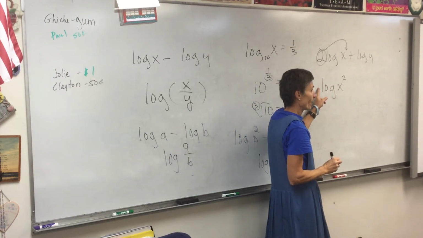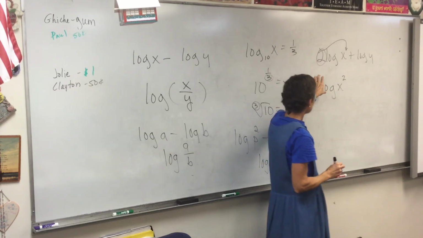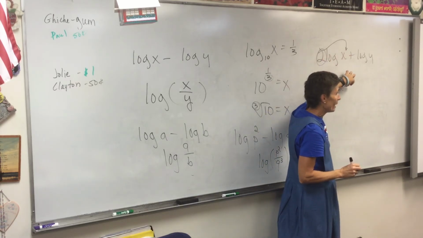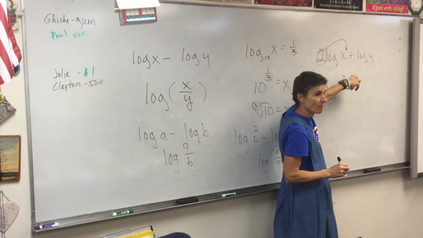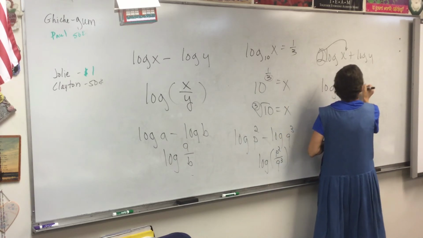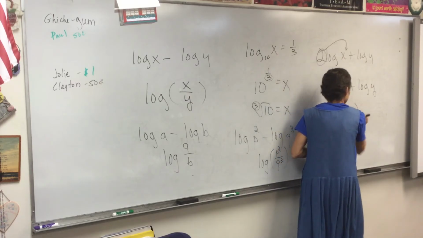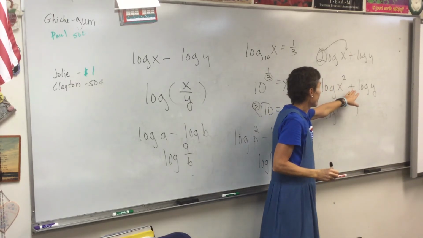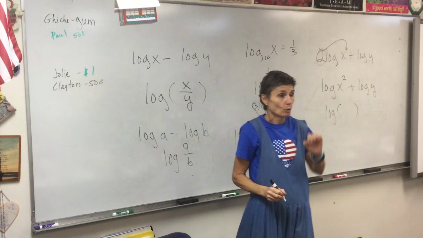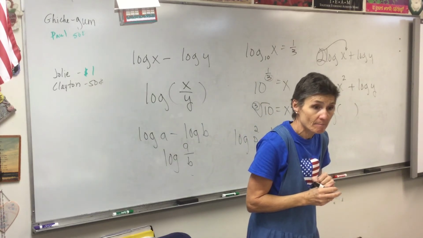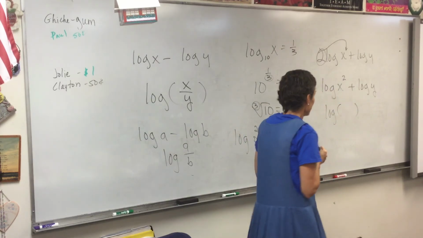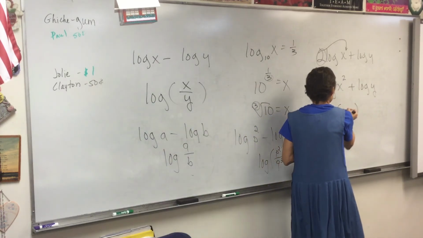If there's a number out in front of your logarithm, you can pop it up as an exponent. Now I can put those two together. Since they're added, it will go together as a multiplication, so it will be x squared times y.